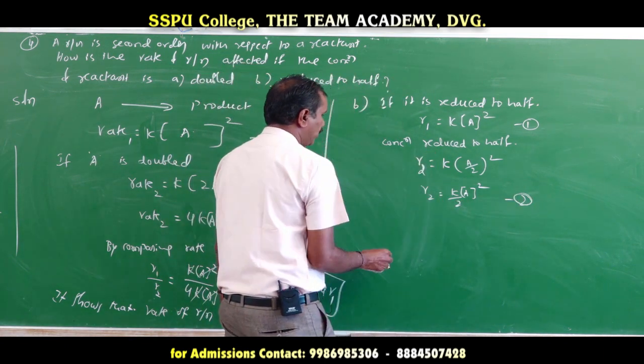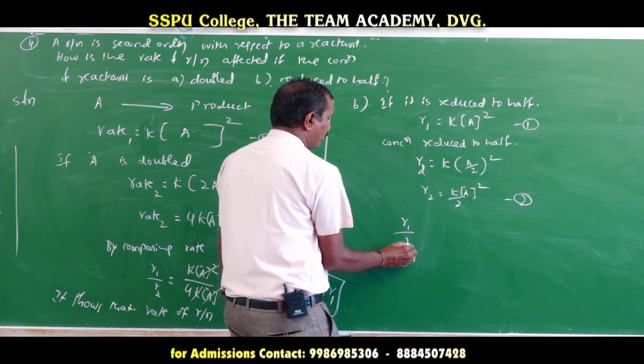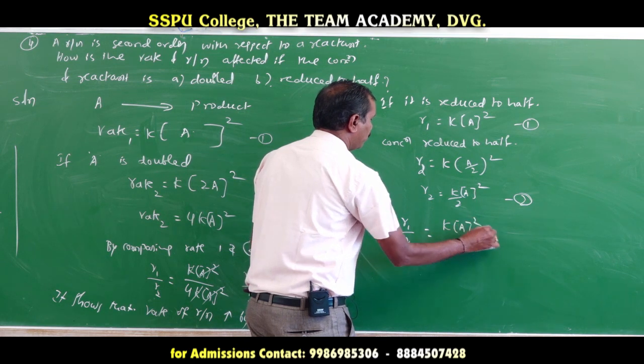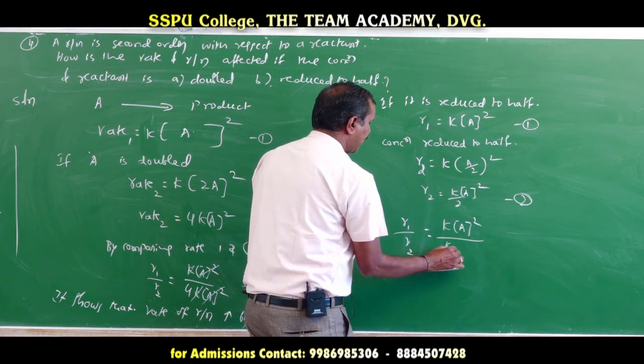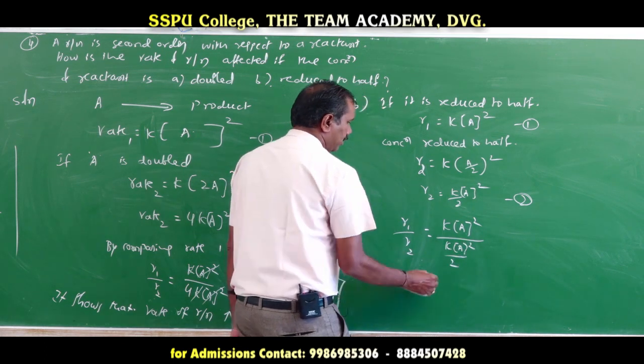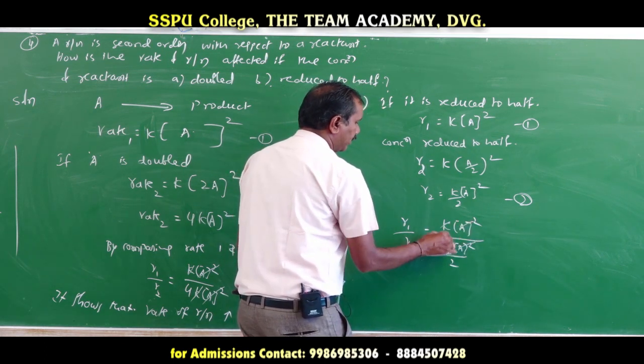By comparing 1 and 2, rate 1 by rate 2 equals K into A to the power of 2 divided by K A to the power of 2 by 4. So K and A squared cancel.